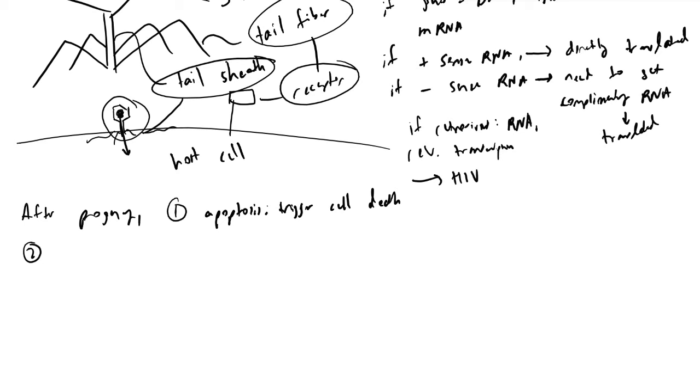Or we can perform something referred to as cell lysis. And what happens in cell lysis is the virus will create so many copies of itself that eventually the cell will just burst due to physical reasons.